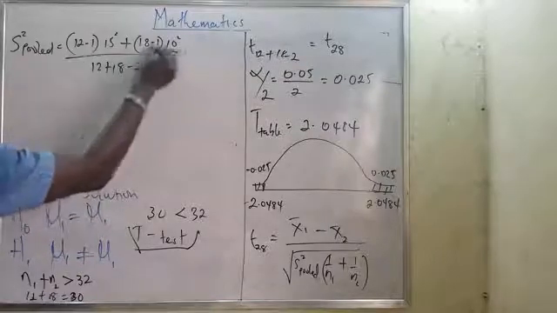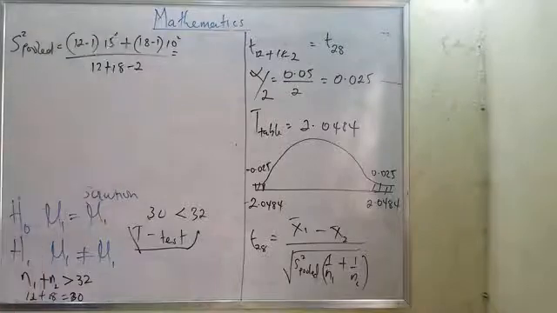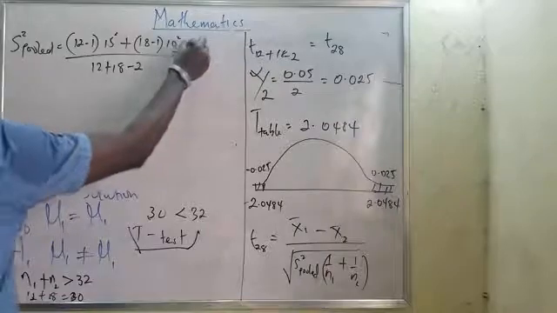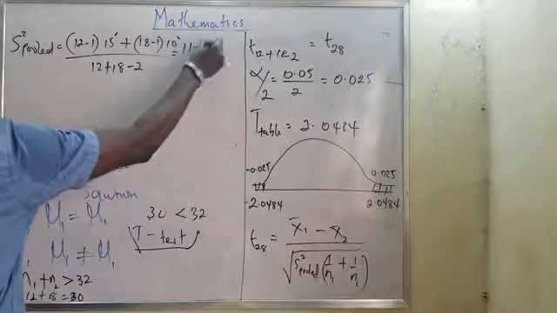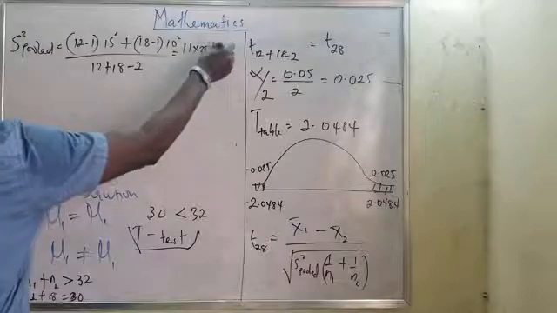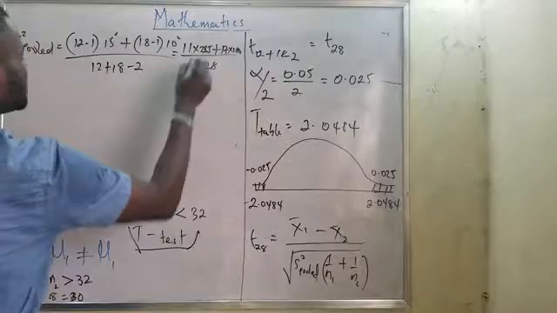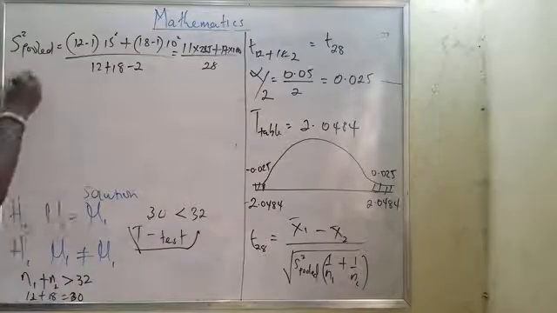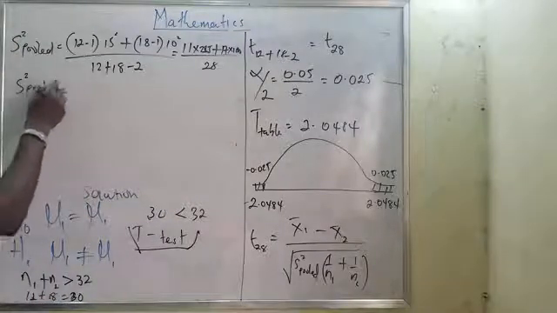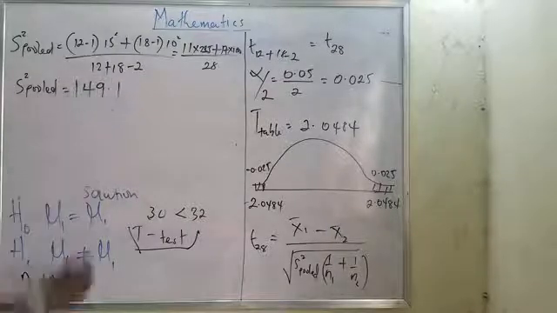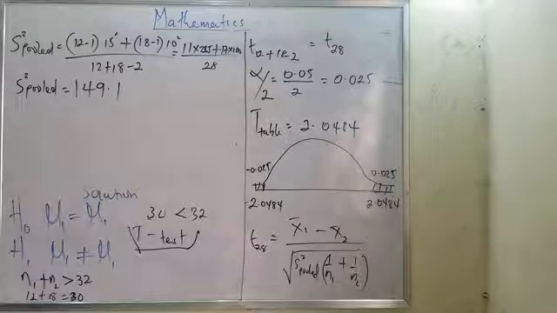That equals 11 multiplied by 225 plus 17 multiplied by 100, divided by 28, which gives 149.1. This part is settled already. I've computed that one.